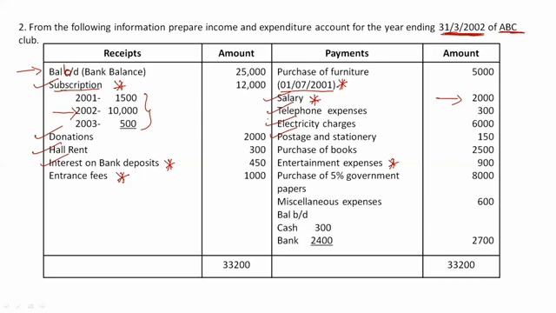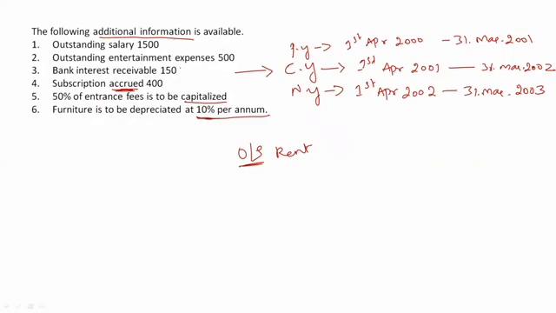Then entertainment expenses. Now these are regular, right? Entertainment expenses are revenue expenditure for an NPO. There is a star mark related to it, so there is an adjustment. Outstanding entertainment expenses rupees 500. Again it's the same, I had to pay 500 rupees more, but still I haven't paid it.